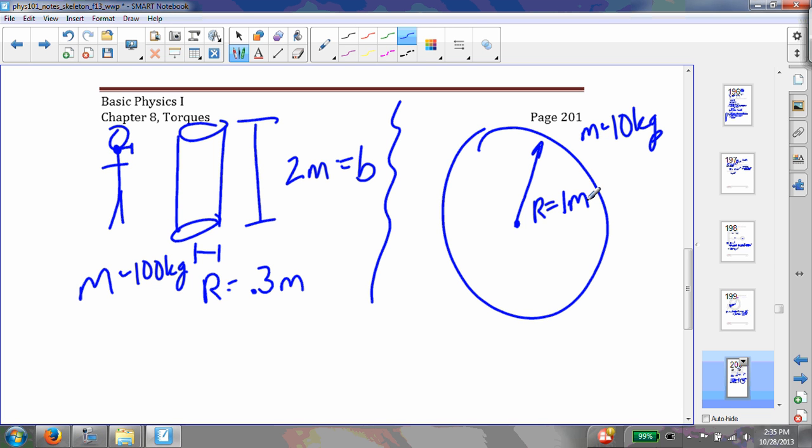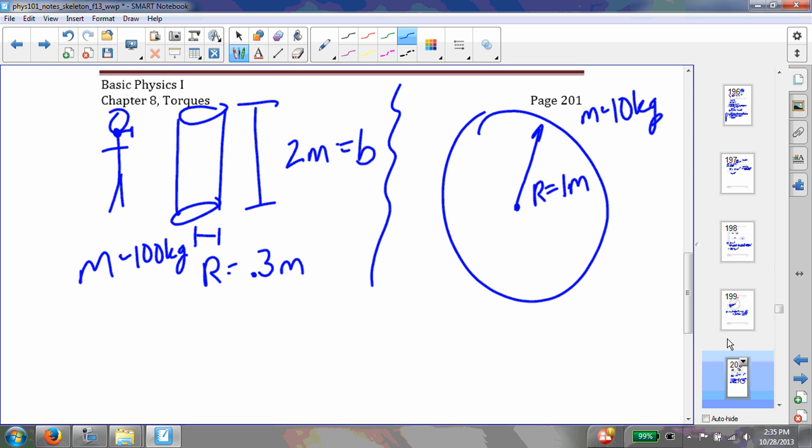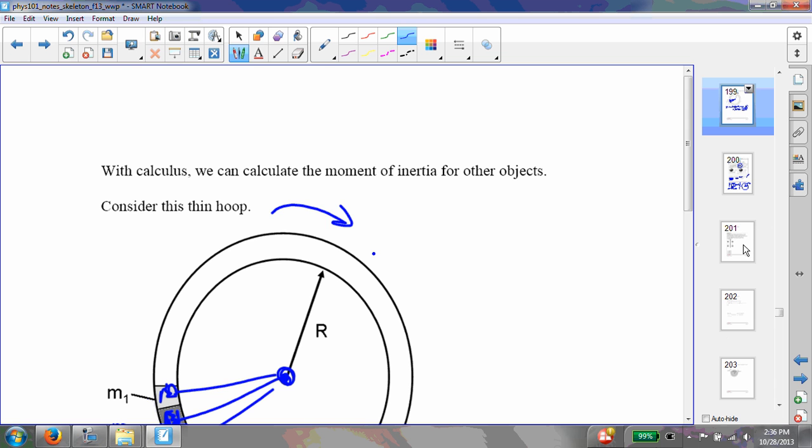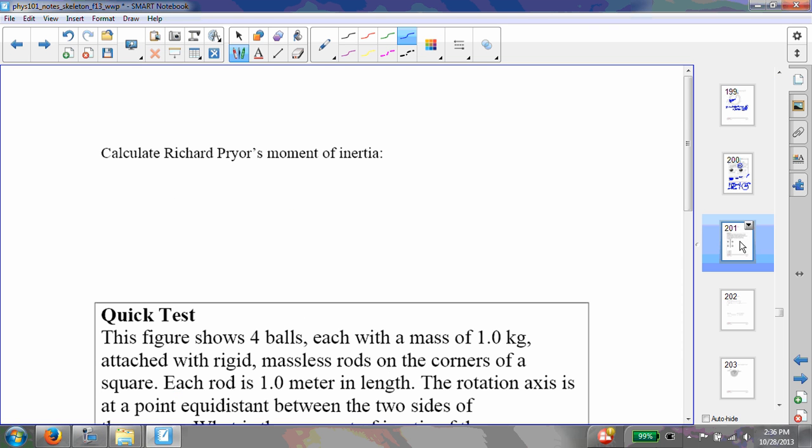It might be a little bit more than that, but not much. So given those quantities, we can calculate the moment of inertia. The total moment of inertia will equal I of the hoop plus I of the cylinder with the quantities that we have there.